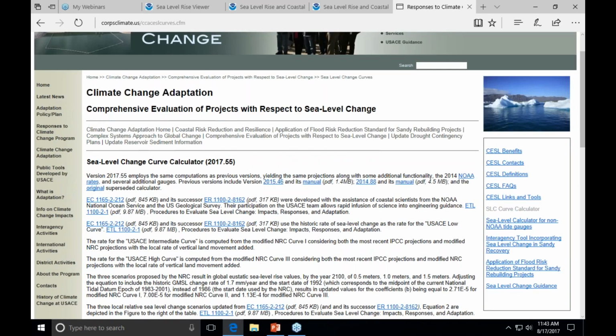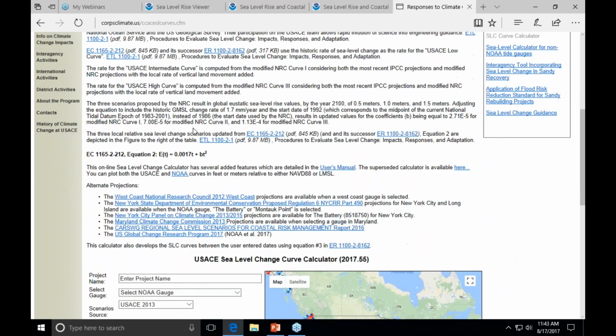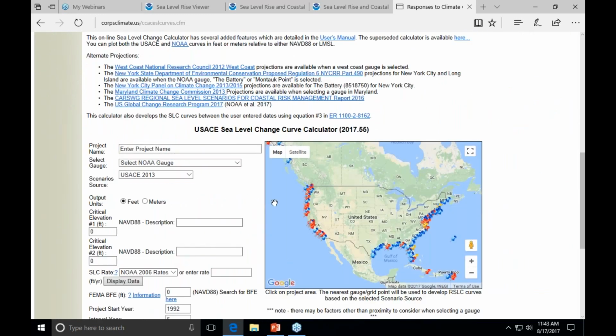I will not claim anything to do with the design of this website, but it's good information. So essentially, here you can actually enter your project name. Let's call this California. Select the nearest tide gauge, and there's a couple things.